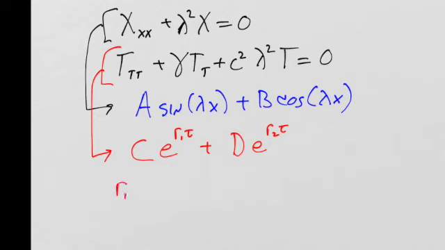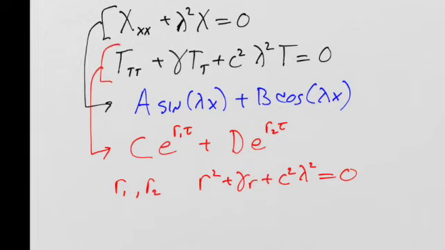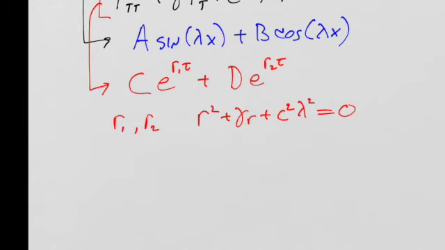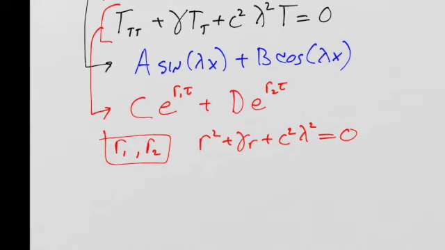And r1 and r2 are these important numbers that solve the characteristic equation r squared plus gamma r plus c squared lambda squared equals 0. And what I always liked about this is that this is why you learn the quadratic equation in high school, right? So this is a quadratic equation. So we just solve for r1 and r2. There's going to be two solutions, and those two numbers are the exponents of the solution for this expression.